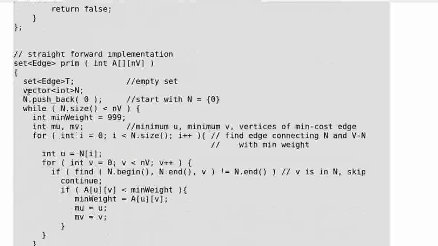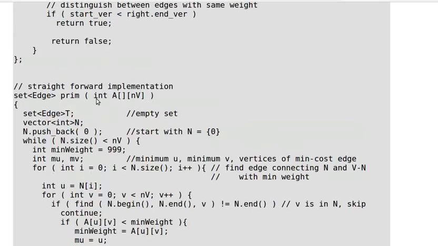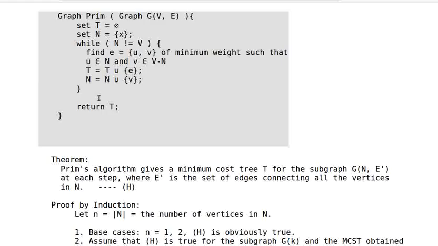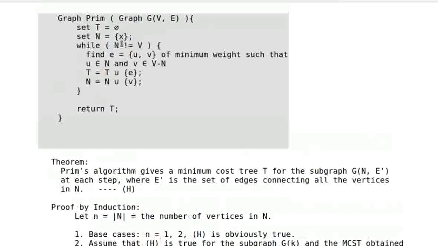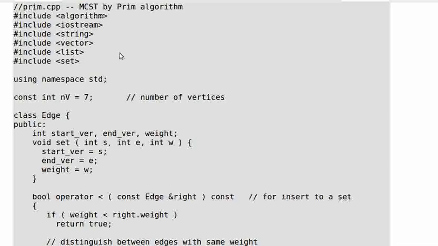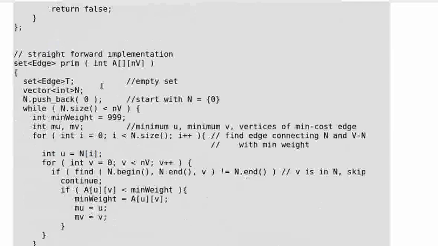So we declare the empty set T, and a vector N to represent the vertices of N. We start with an arbitrary vertex, and here we start with vertex 0. Then we repeat this nv minus 1 times.